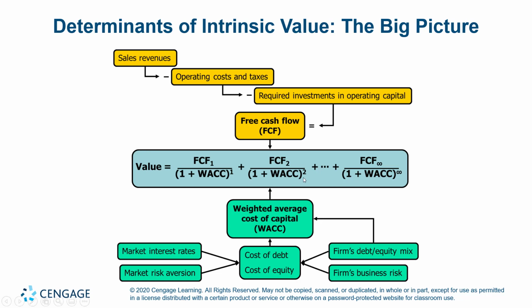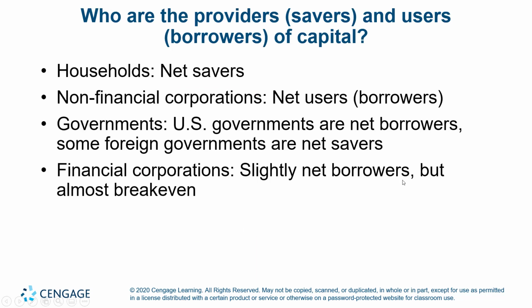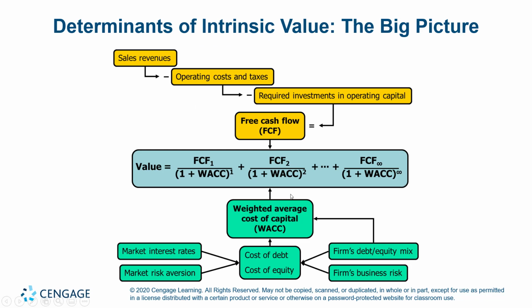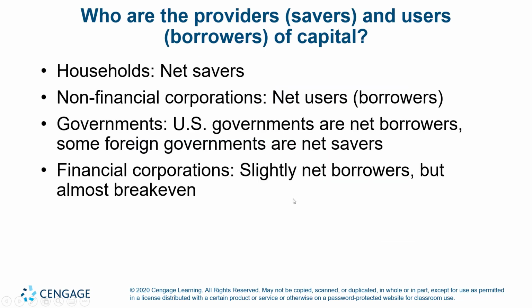So it is important that if the risk is minimal, the value of the firm will be more. Okay, so the firm requires capital, and how do the providers and users of the funds meet together and how do they provide the funds?